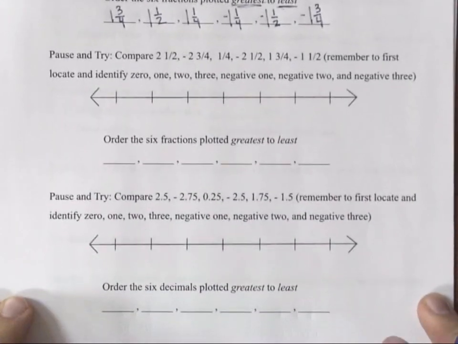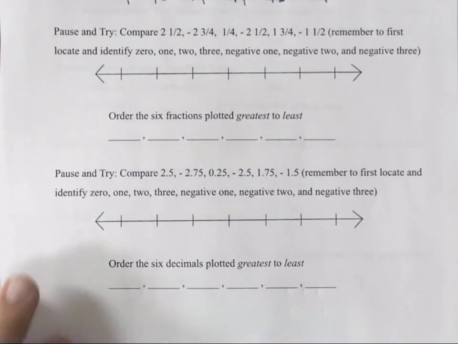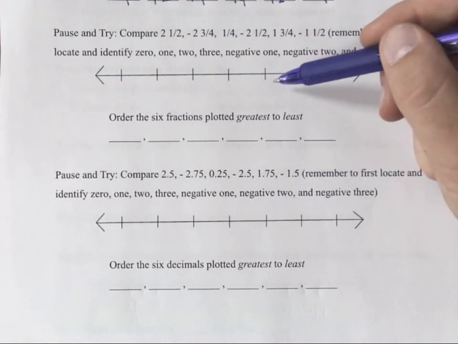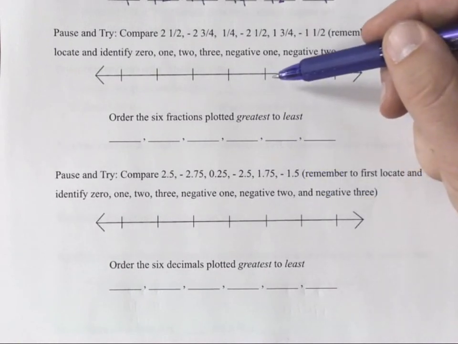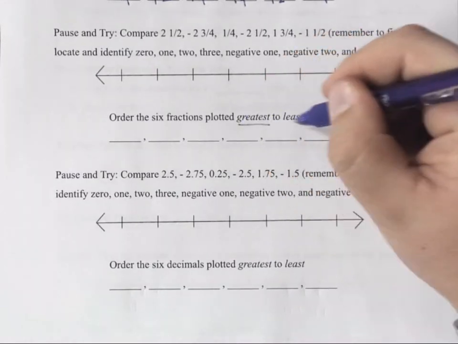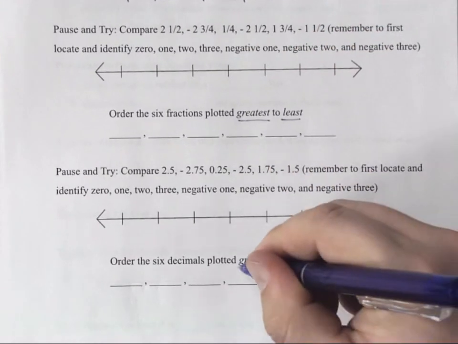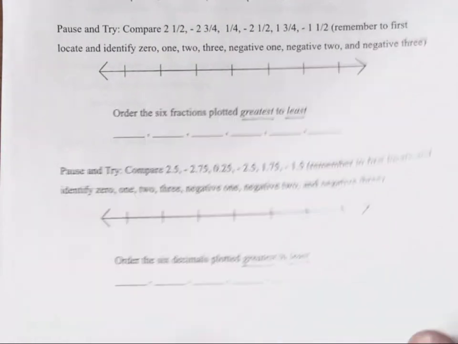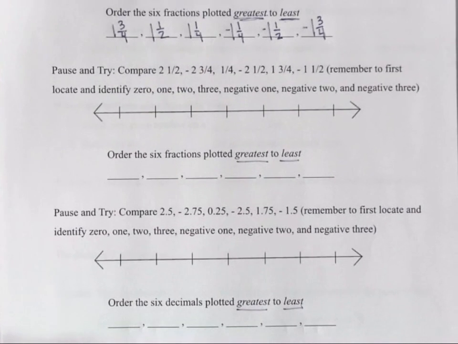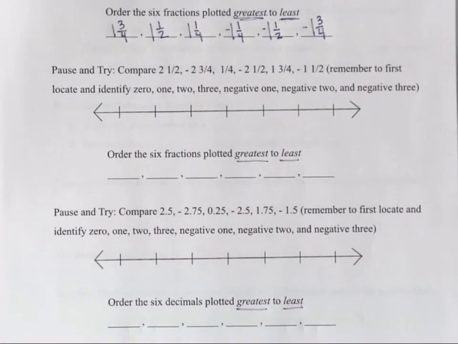I want you to give the next couple a try. We have 2 problems here, one with fractions, one with decimals. I want you to plot these points on your number line. Then I also want you to order the fractions first from greatest to least and the decimals from greatest to least. When you finish those, you will go ahead and come and grab your assignment.